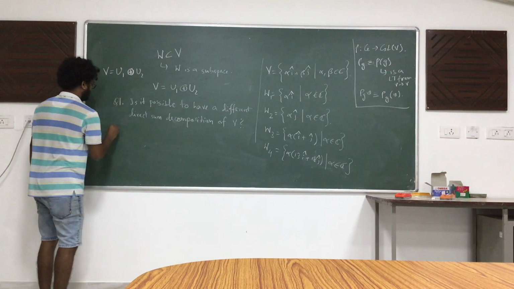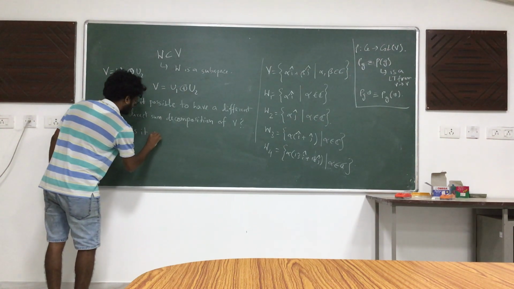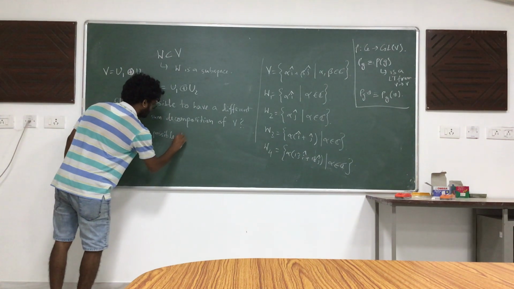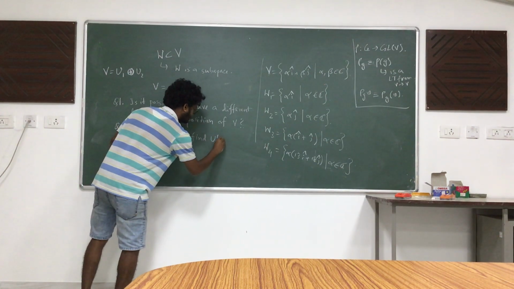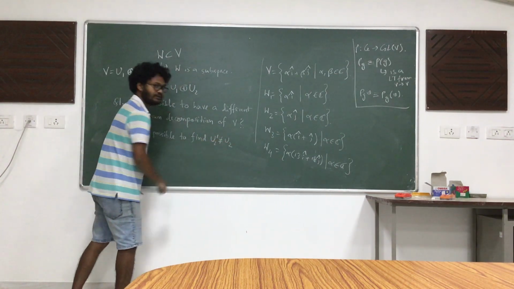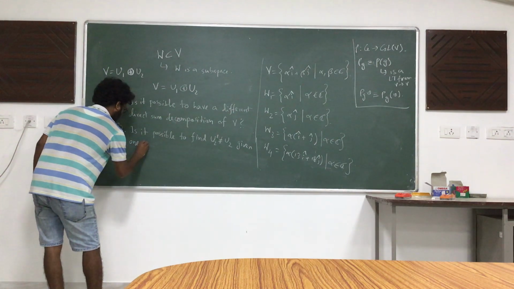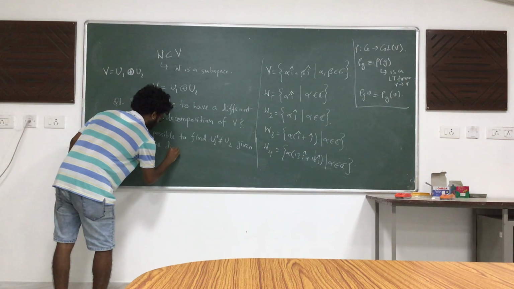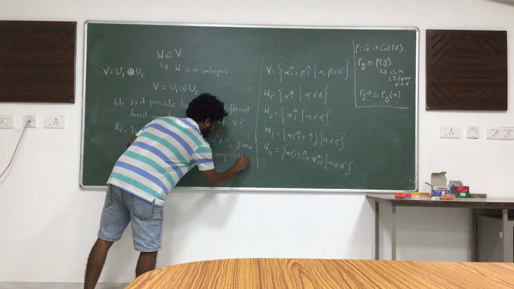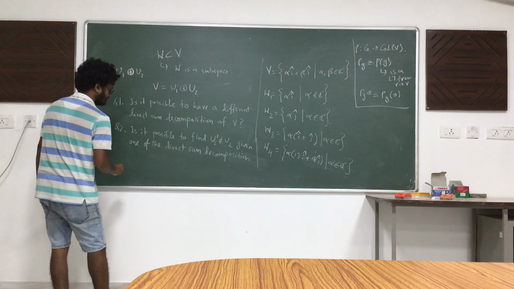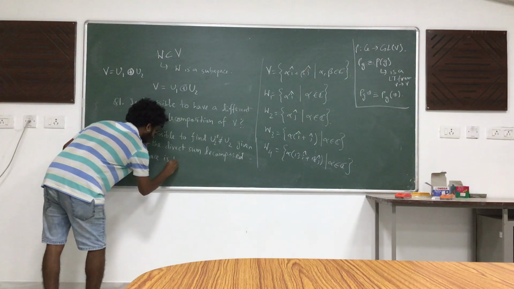Let's say this is question 1, and question 2 is: is it possible to find U2 prime which is not equal to U2, given one of the direct sum decomposed subspaces U1?